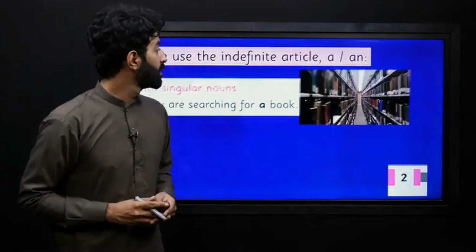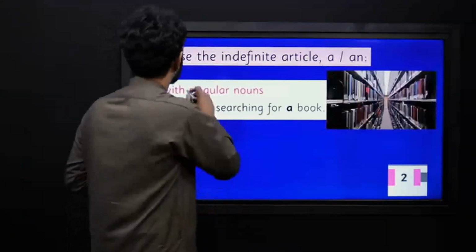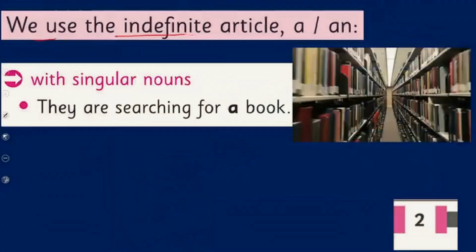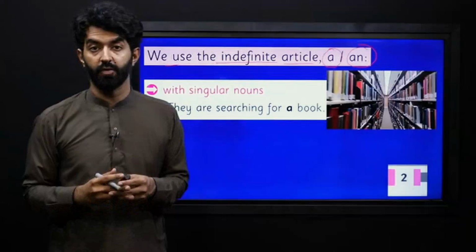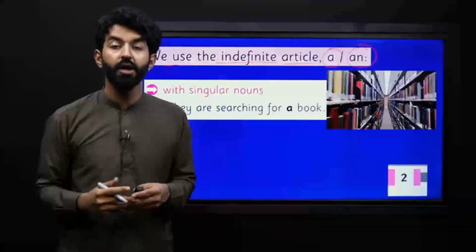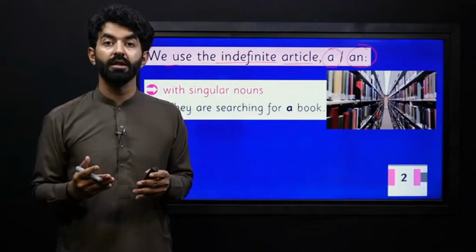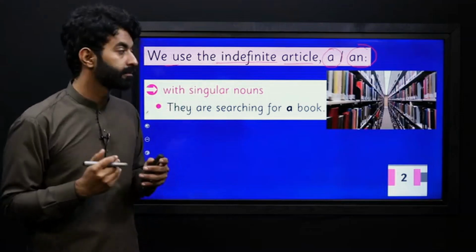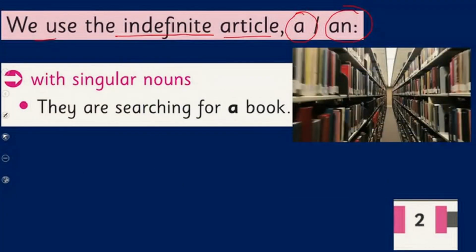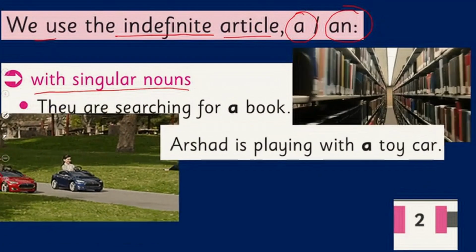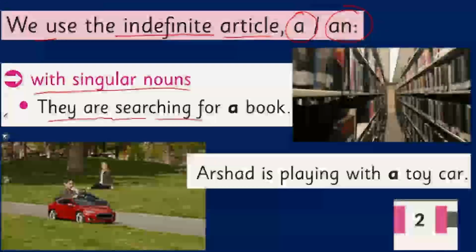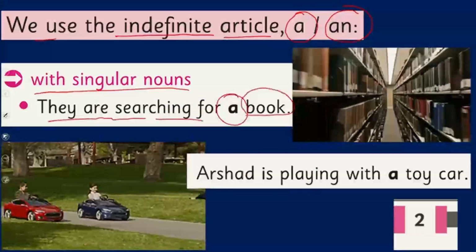So now let's see how we use the indefinite articles a and an. We use them to show a singular noun. When we have a singular noun, we use article a or an. So with singular nouns, they are searching for a book, because book is a singular noun.